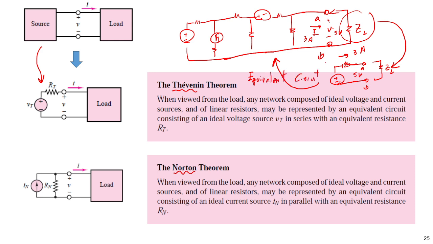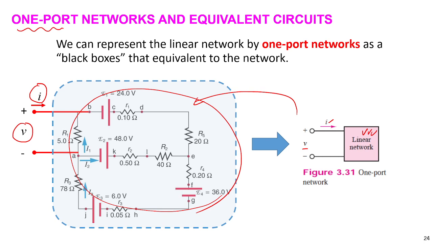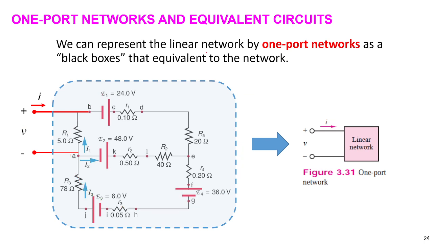So the complex circuit, we can get an equivalent circuit, usually one single source and one resistor, with V equivalent and R equivalent.